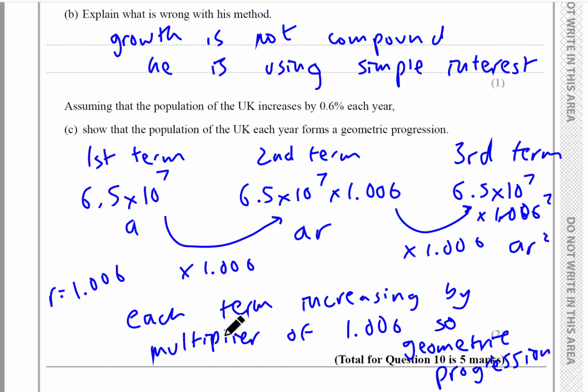Now, when it's arithmetic, that's adding, and geometric is when you're multiplying each time.